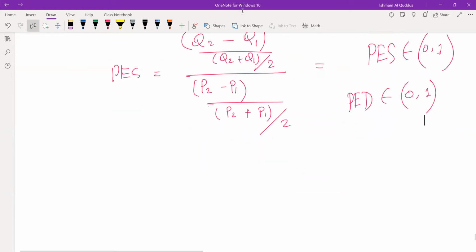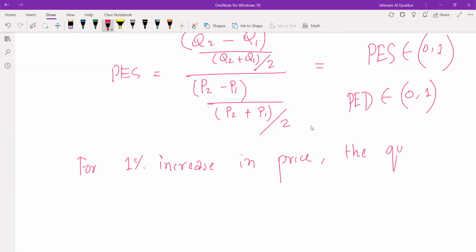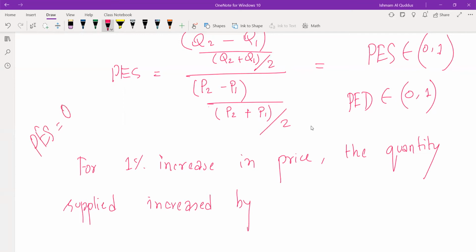So just like PED, you can also interpret PES in the same manner. For a 1% increase in price, the quantity supplied increased by, let's say, for example, PES is 0.33.